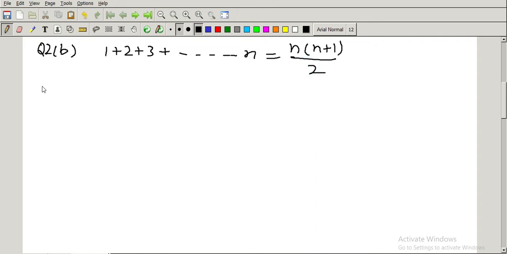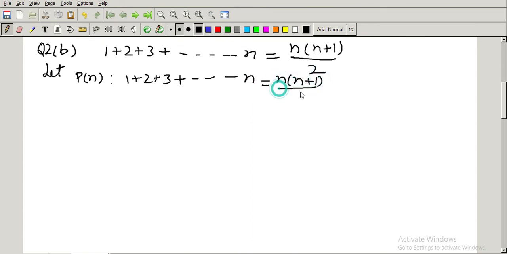So for that, to prove that, what we have to do, let's write it like that. Let Pn be this whole expression, right? Pn: 1 plus 2 plus 3 plus till n is n(n plus 1)/2. Okay.